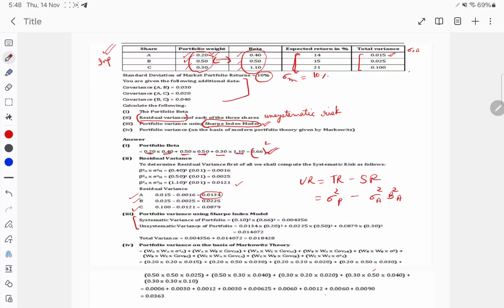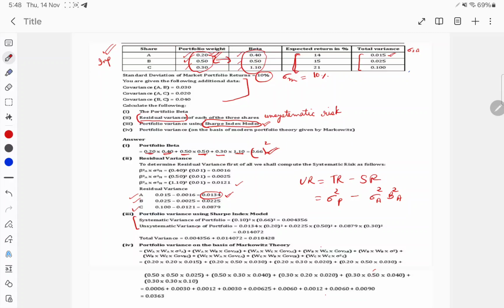They calculate systematic risk, but when they come to the unsystematic risk part, they don't know how to calculate it. You have calculated the unsystematic risk of each stock in the previous question. You will multiply the unsystematic risk by the weight square given in the question.